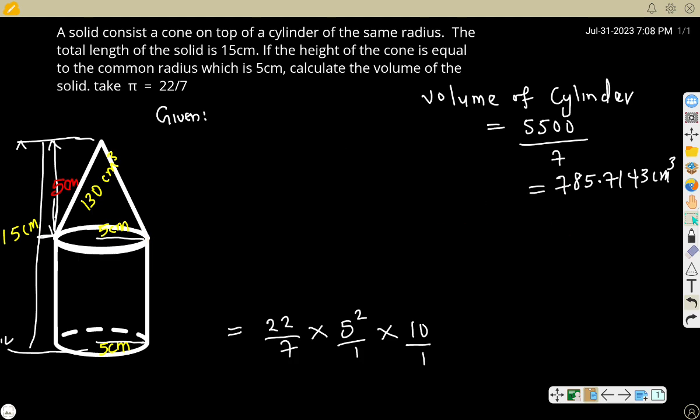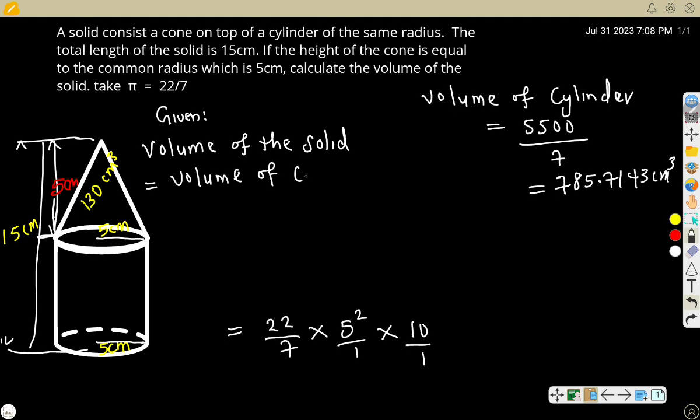So volume of the solid is equal to volume of cone plus volume of cylinder.